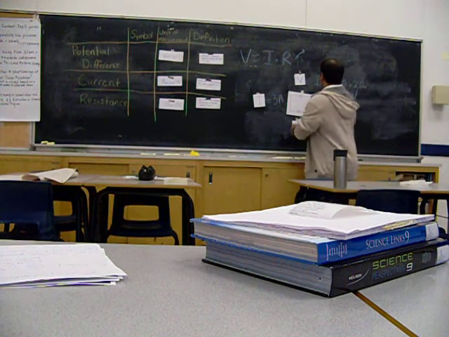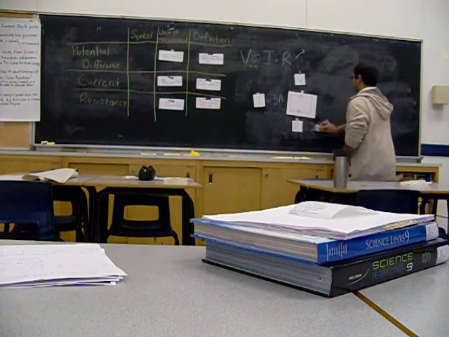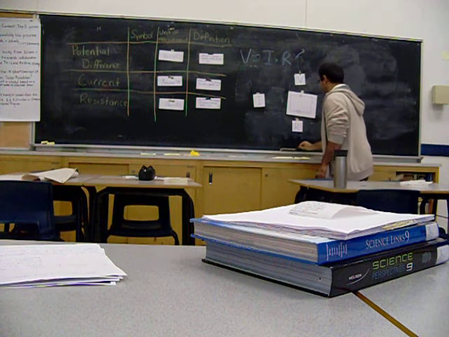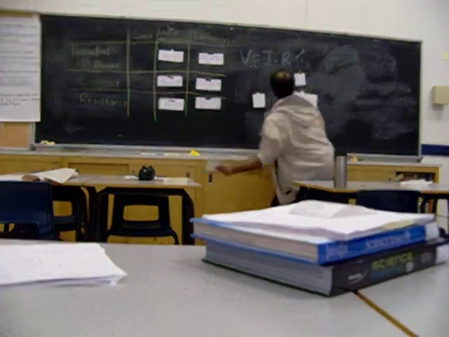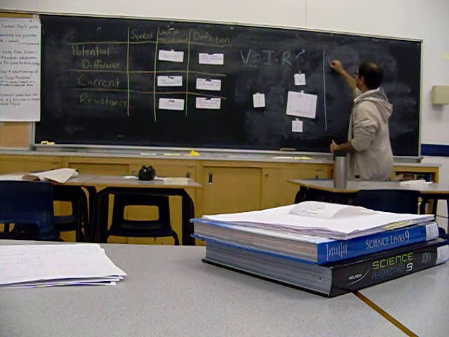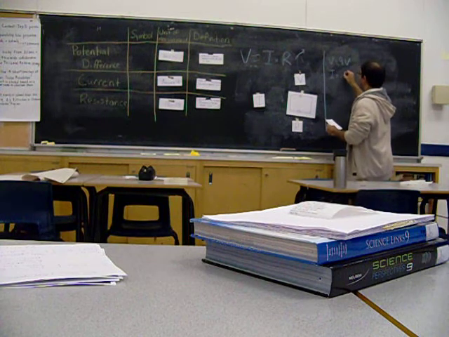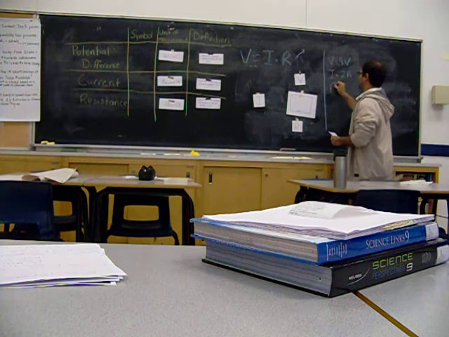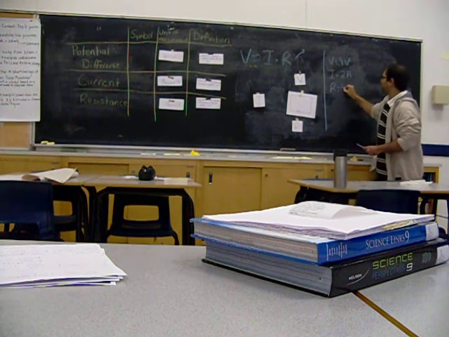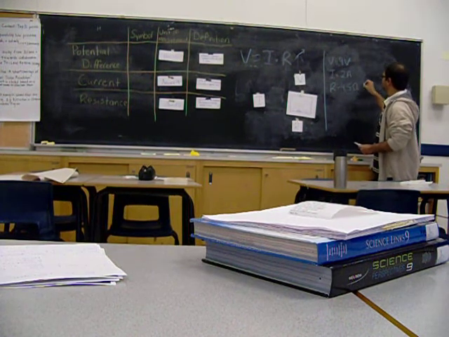So actually, let me just put the answers for all 3 questions that we did on the board, and we're just going to quickly compare. So in our first example, we had a voltage of 9 volts, current 2 amperes, and we calculated that the resistance was 4.5 ohms.